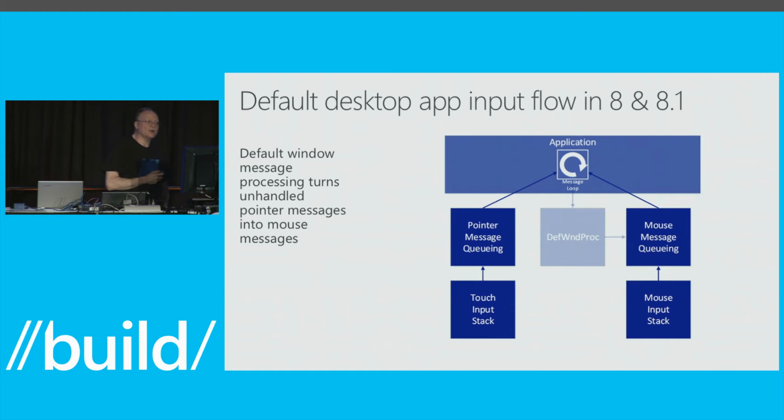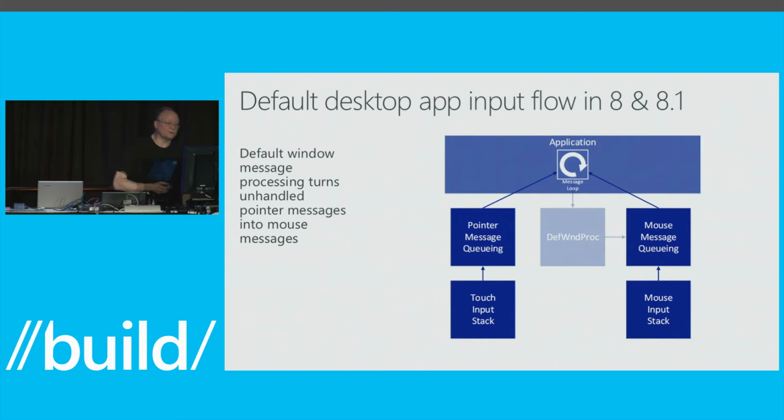And if you have a well-behaved Win32 application and it encounters a message it doesn't know, it's supposed to hand it off to DefWinProc and basically say, I don't know what this is. Maybe you do. And then we try to work with it in some way. So the pointer messages that are coming in, WM pointer down, pointer move, and so forth, they hit the message loop. The application doesn't know.